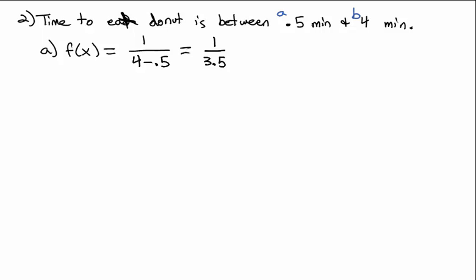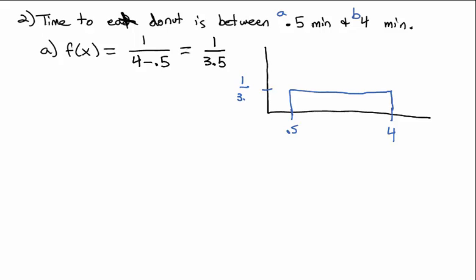And that's an ugly decimal, so let's just leave it as 1 over 3.5 for our example. So now we're going from 0.5 to 4, and the height is 1 over 3.5.